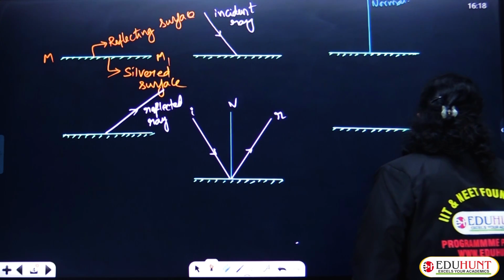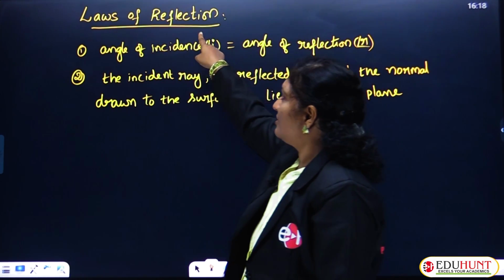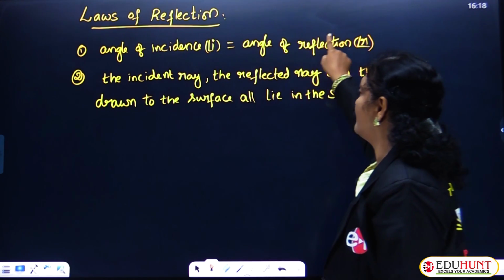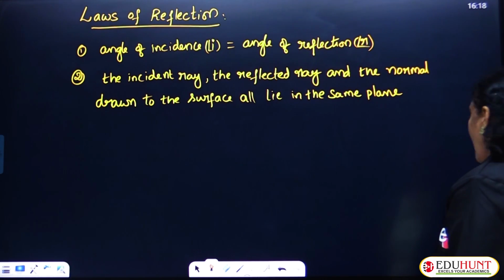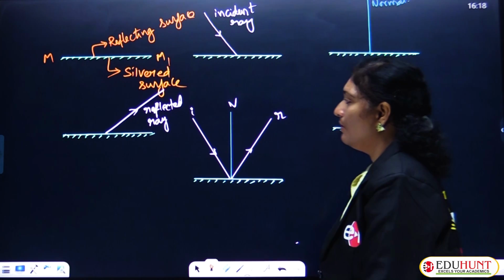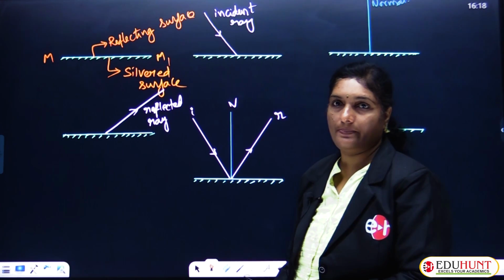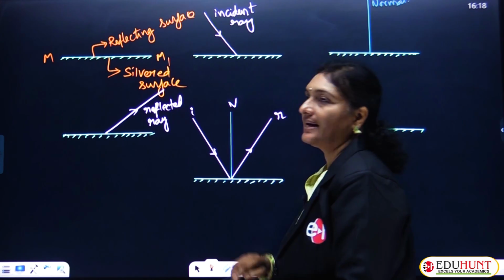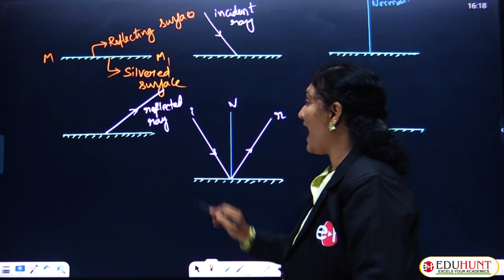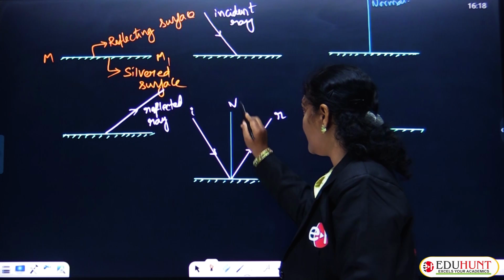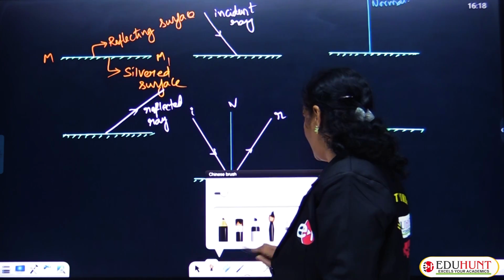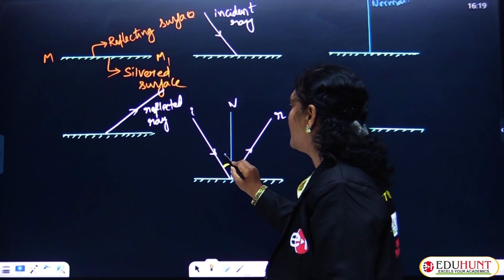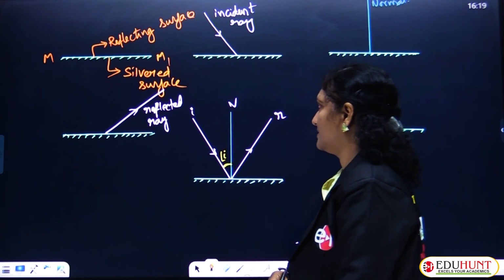Just now I told you that according to the first law of reflection, the angle of incidence is always equal to the angle of reflection. What is the angle of incidence? The angle made by the incident ray with the normal is called the angle of incidence.